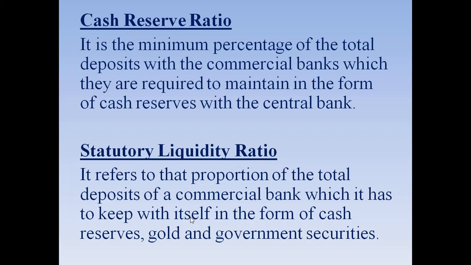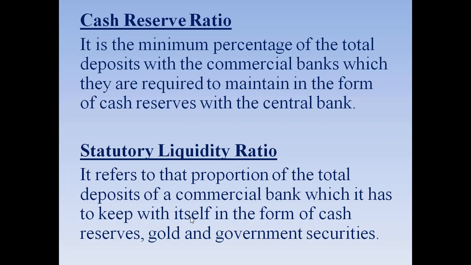And what do you mean by statutory liquidity ratio? It is the amount of money out of the total deposit, again let us say 1000, which the commercial bank must keep with themselves to maintain liquidity. Let us say 150 rupees they must keep with themselves. So out of 1000, both CRR and SLR must be segregated.